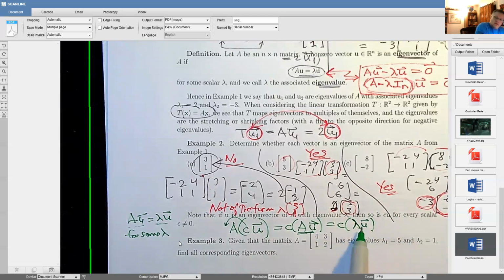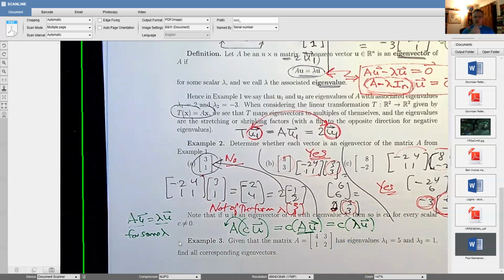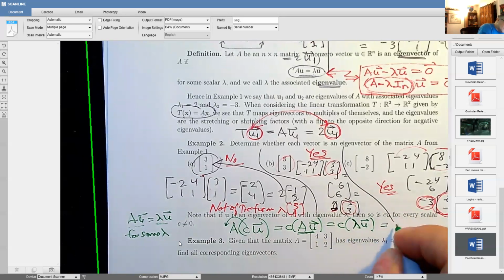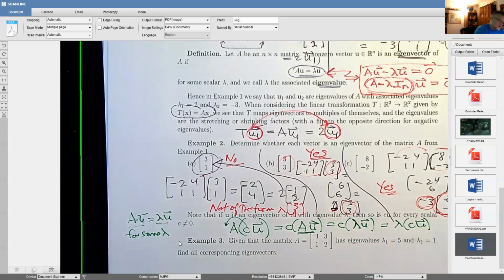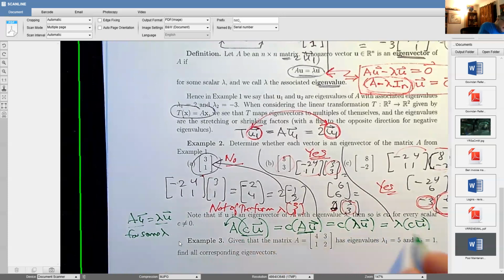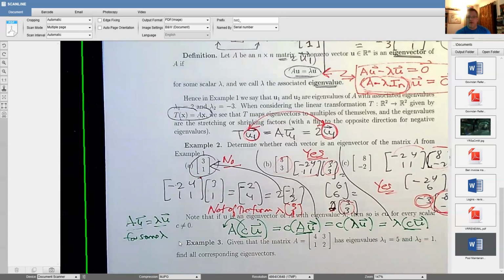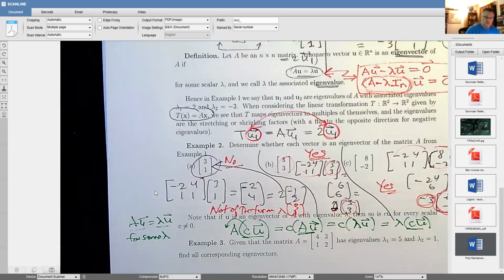But we can do that. Remember, with multiplication by two scalars, you can interchange the order of those scalars because they're real, and multiplication in the real line is commutative. And so I can rewrite this as lambda times cu. And so the minute u is an eigenvector, any non-zero scalar multiple of it is also an eigenvector of A. Okay, so that is a true statement.